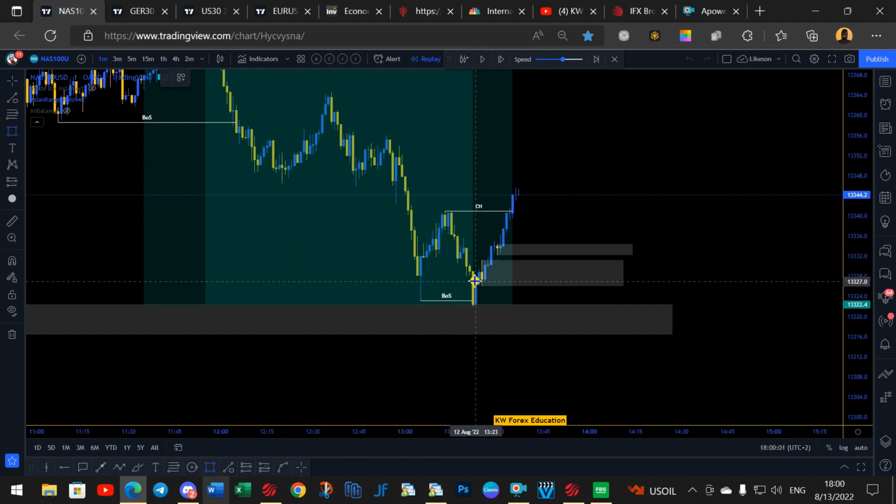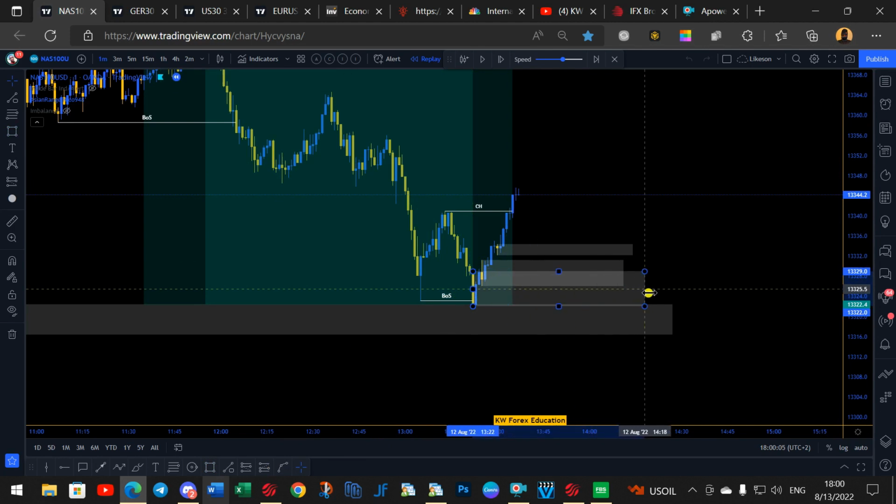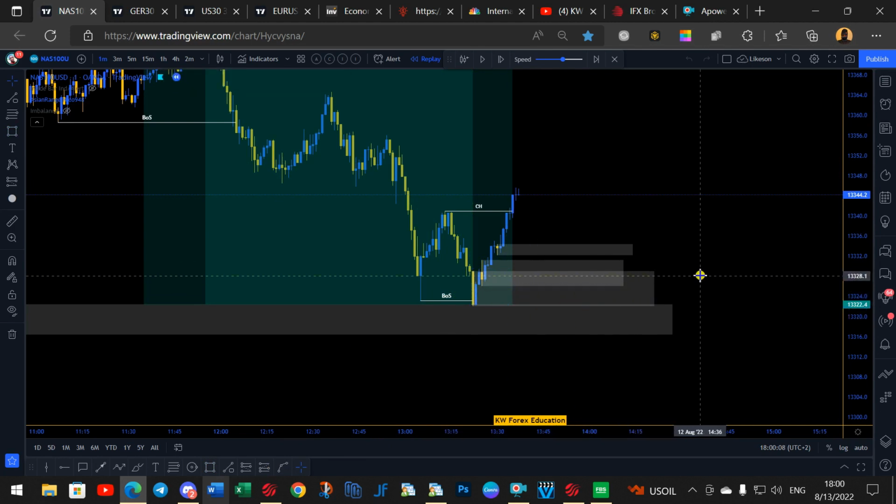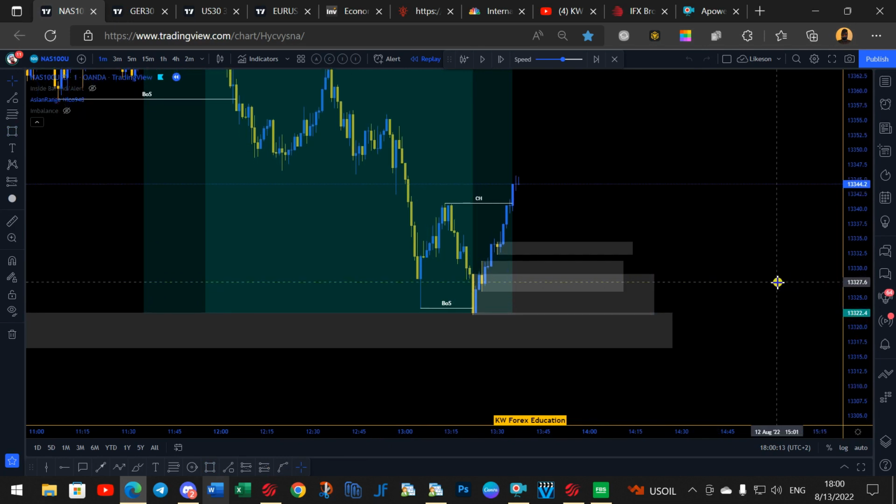So when you have a lot of order blocks, this is where you need to be very careful and choose the right order block. You see, there has to be a story as to why price should come to your order block. Why does it need to come to that order block, right?